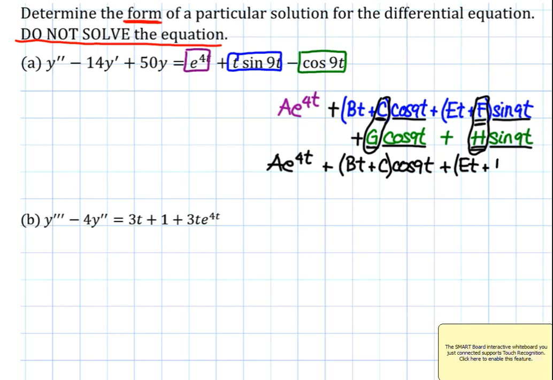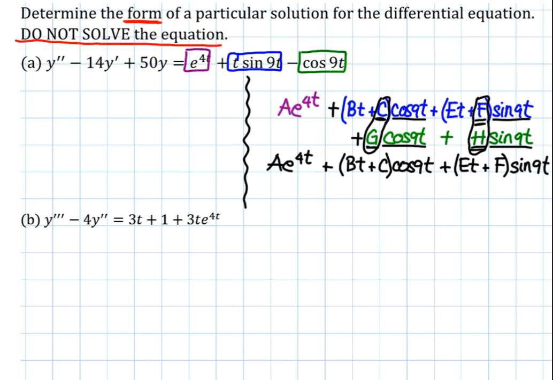So let's just use f, and then there will be sine of 9t. All right, it's almost done for that problem. One thing we need to focus on is we have to consider the homogeneous solution as well, because there might be some redundancy with our solution. All right, so let's just find the homogeneous solution.